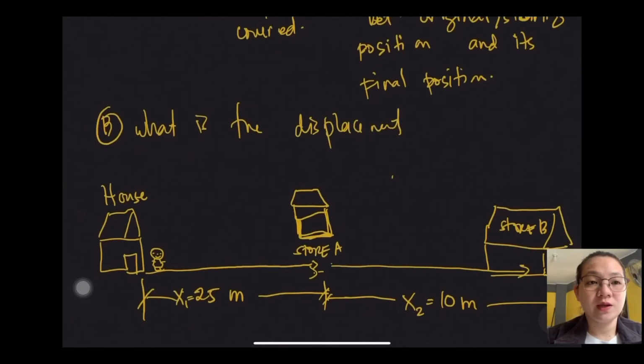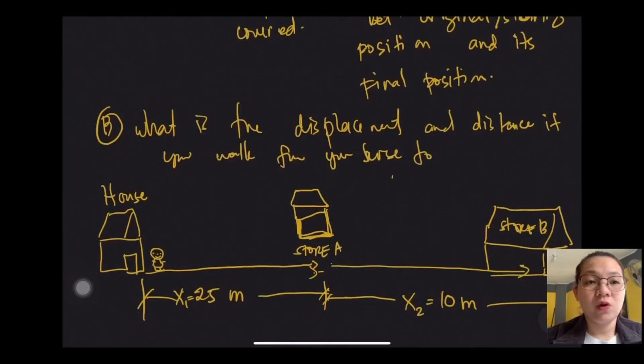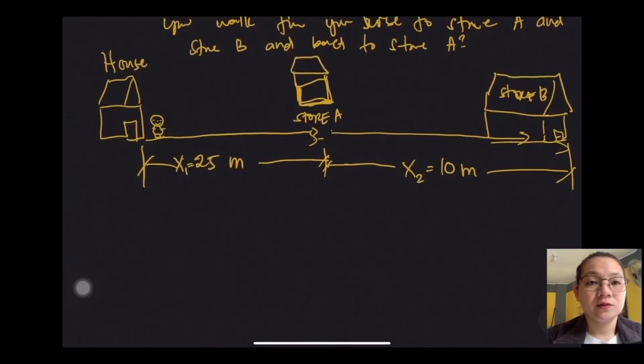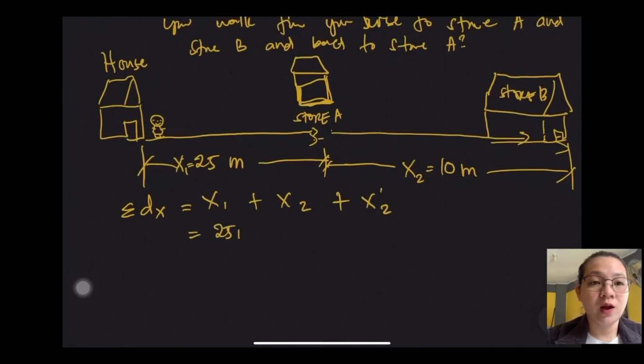Okay, for question letter B, what is the displacement and the distance if you walk from your house to store A, then to store B, and back to store A. So, the total distance is summation of dx, equal to x sub 1 plus x sub 2 plus x prime sub 2.